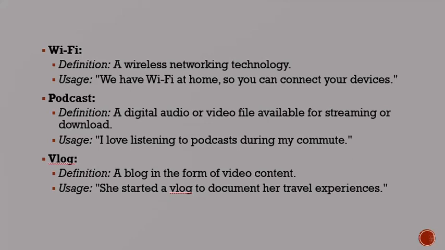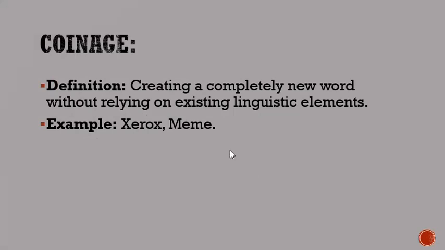Podcast, in the same way, is a digital audio or video file available for streaming or download. So we can use it as, I love listening to podcasts during my commute. And vlog is a blog in the form of video content: she started a vlog to document her travel experiences. So we are creating a completely new word without relying on existing linguistic elements. So this is called coinage. I hope this is clear.